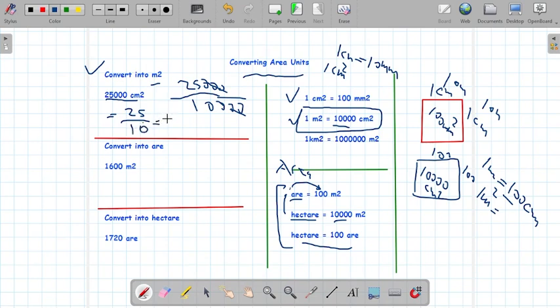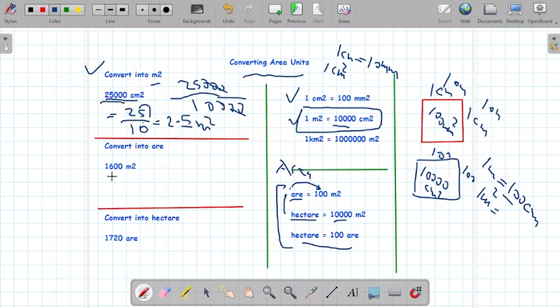From our study of decimal places, we know that when I have a 0 at the bottom, it means that I have one decimal place, and that decimal place will have the value of the rightmost unit. So I have one decimal place with the value of 5, and I will keep 2 here. So 2.5 meters square, this is the conversion of the 25,000 centimeters square.